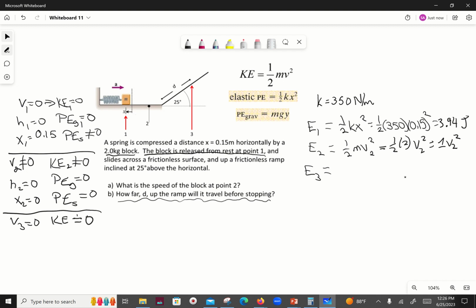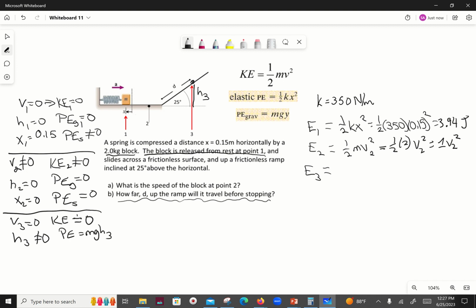Okay, what about gravitational? Well, the height of it is not 0, right? It's gone up. It's at this point here, a distance h3 up the ramp. So that's not 0. So it does have a potential energy of mg times h3.